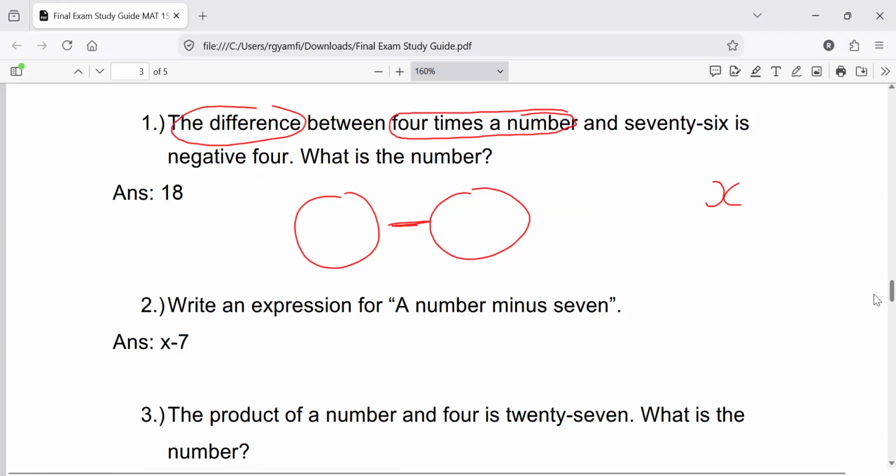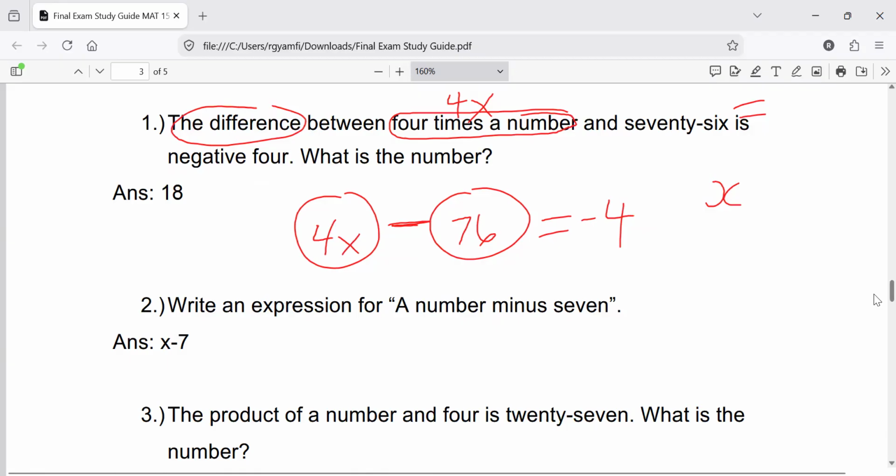So if I'm writing that, that is going to be 4X. 4 times a number, my number is X. And so that's where my difference or subtraction applies. And 76. So the difference between 4 times a number, 4X, and 76 is equal to -4.